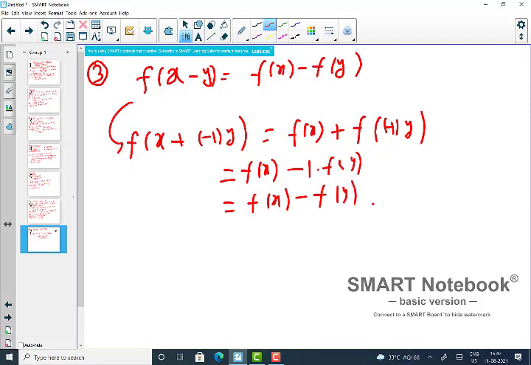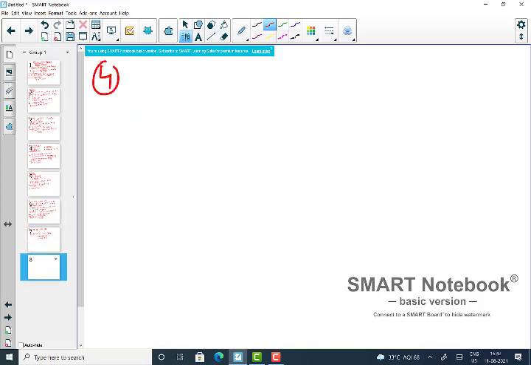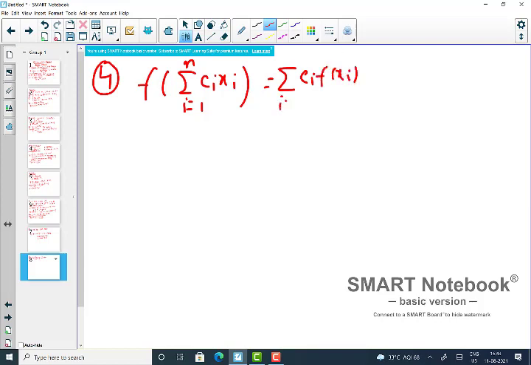These properties are very simple. Also, what happens if you multiply by scalars and add finitely many times? That is also similar. f of the summation of ci xi, i equal to 1 to n, will be the summation of ci times f of xi, i equal to 1 to n.